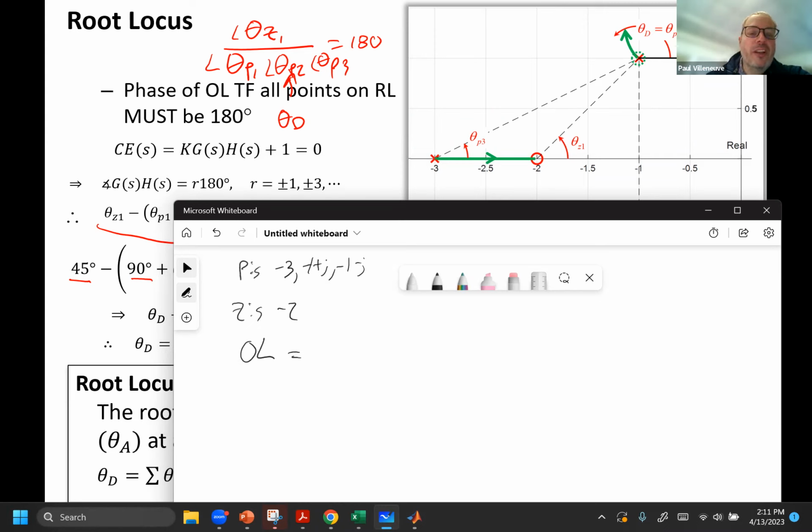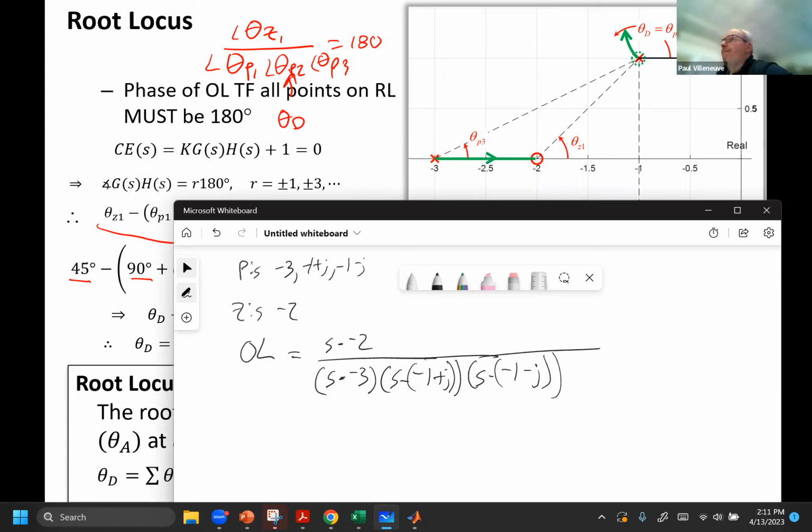So for my open loop transfer function, if you're ever stuck doing this, just put in s minus your zero, so s minus -2 in the numerator. And then in the denominator, I have s minus -3 times s minus -1 plus j, let me put parentheses around that, and then s minus -1 minus j. And that'll give me my values, okay?